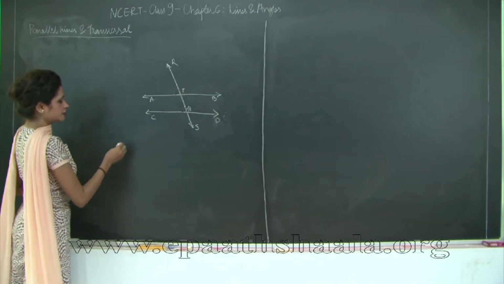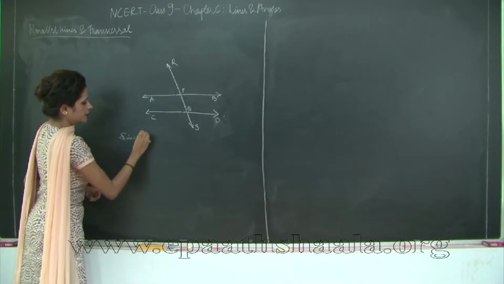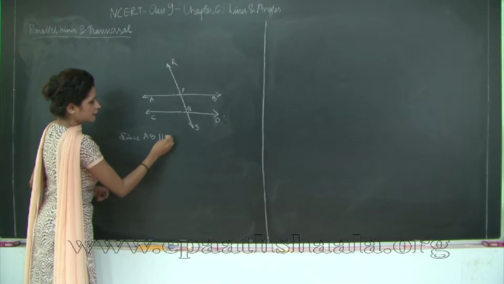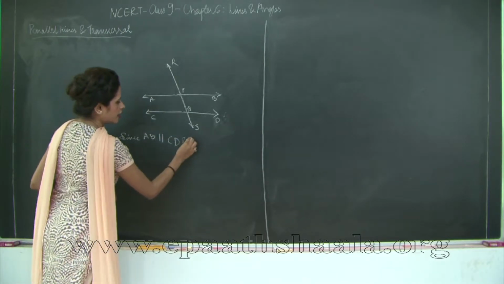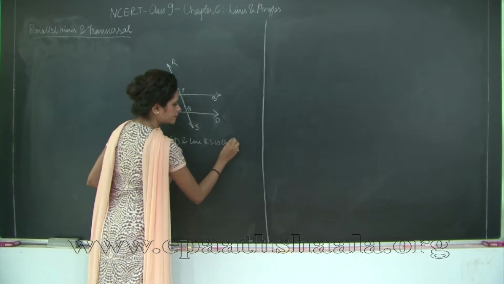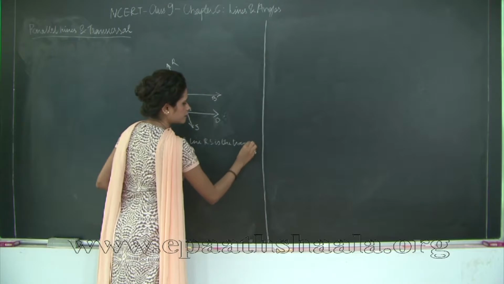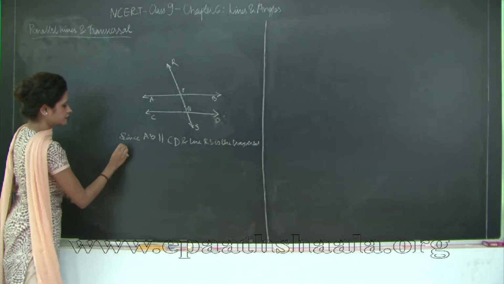What is my observation? Since AB is parallel to CD, and line RS is the transversal, corresponding angles are equal. Therefore, what do we have?